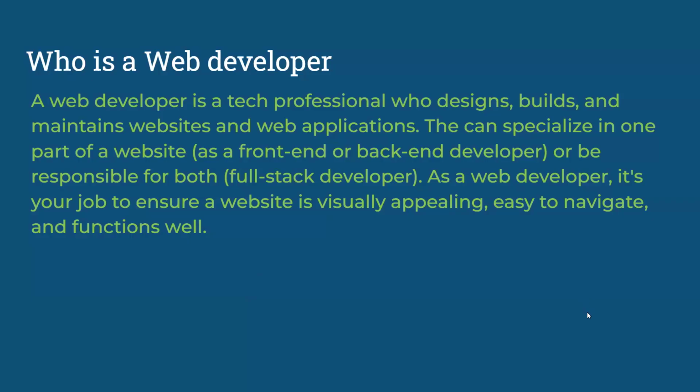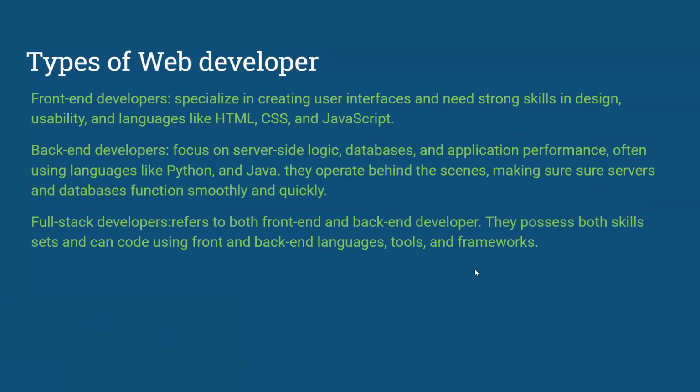And a full stack developer can work as both the front end and the back end. They can do both, depending on the theme and what they are working on. Next slide.